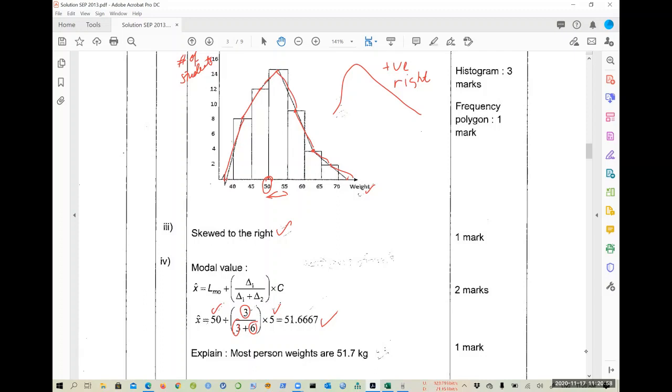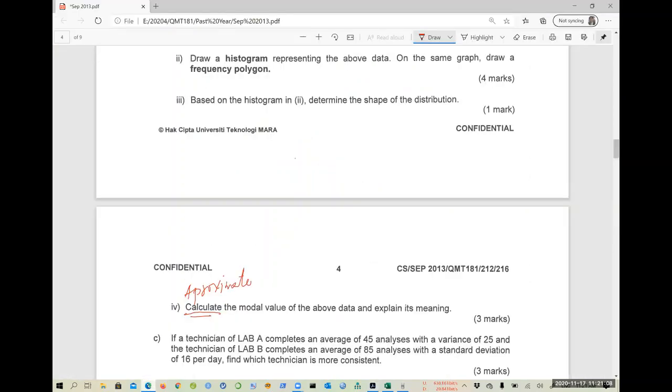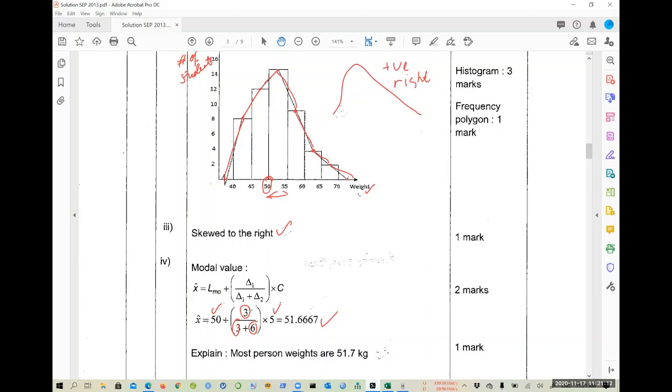Okay, if you are required to come up with the approximate value of the mod from the graph, what you need to do is just simply draw a line over here. Okay, let me just clear this one first. All right, so if you want to estimate, you just need to come up with the values over here.